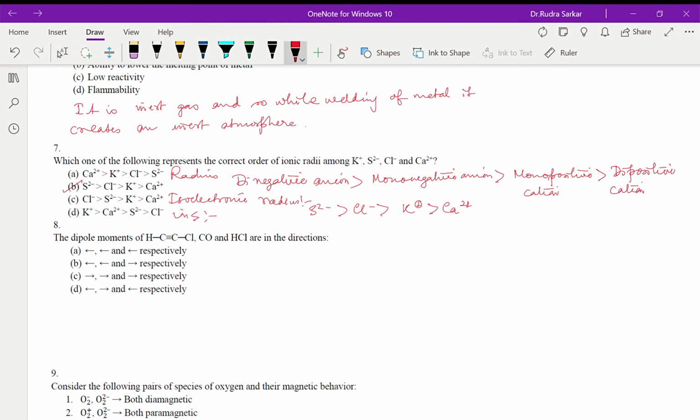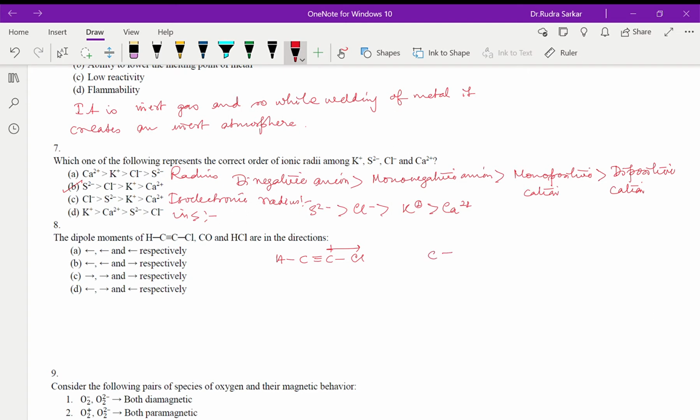Dipole moment of HC≡CCl, CO and that of HCl are in the directions. Hydrogen is less electronegative than carbon, but chlorine is more. So obviously dipole moment is from left to right hand.